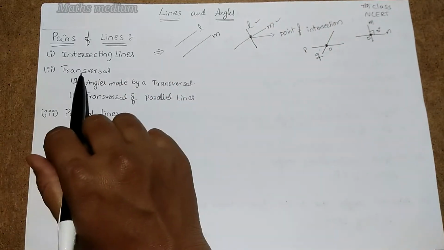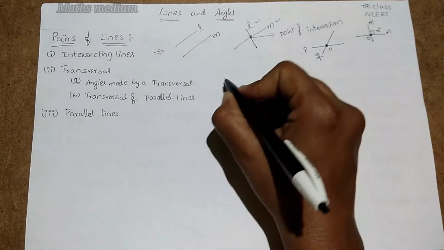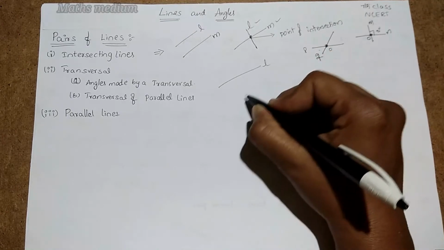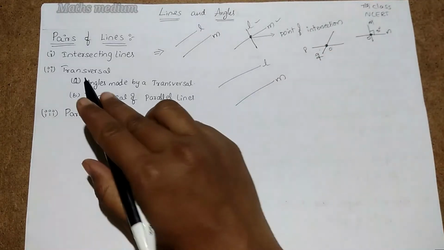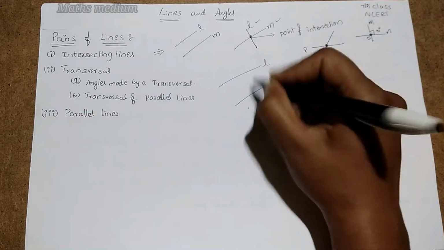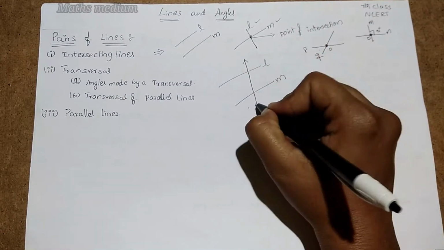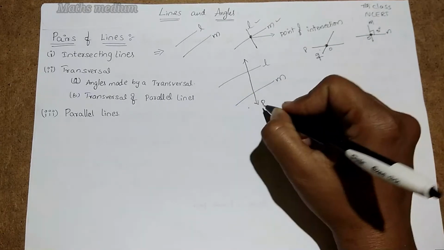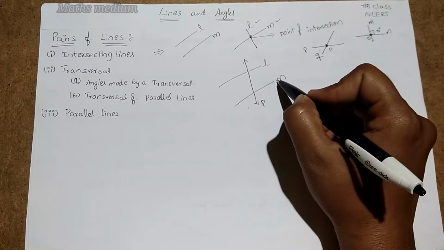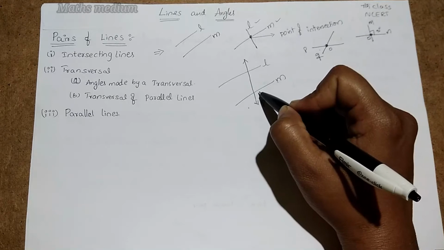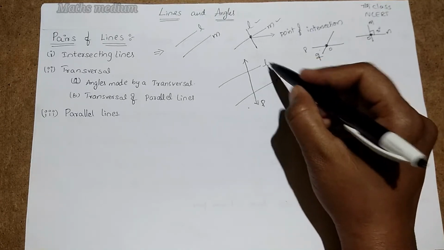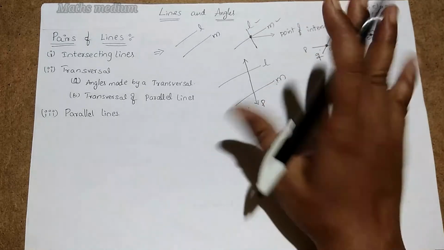Next, coming to the transversal. Transversal is nothing but if you take any two lines like L and M, another line intersecting those lines is said to be a transversal. Let it be P. So the line P is intersecting L and M at distinct points. So P is the transversal of L and M. Whether L and M are parallel or non-parallel does not matter.